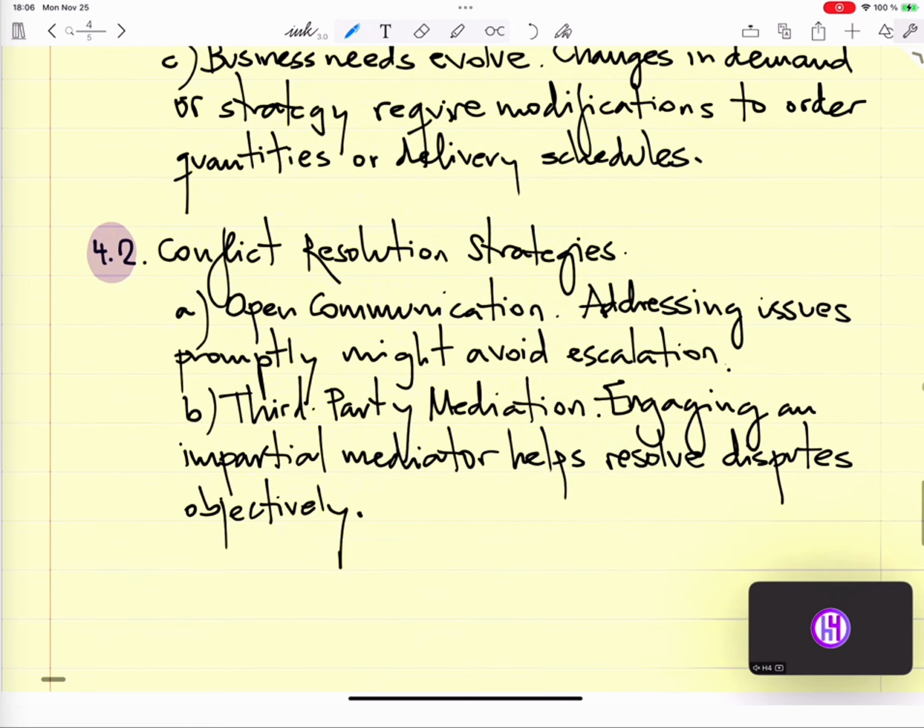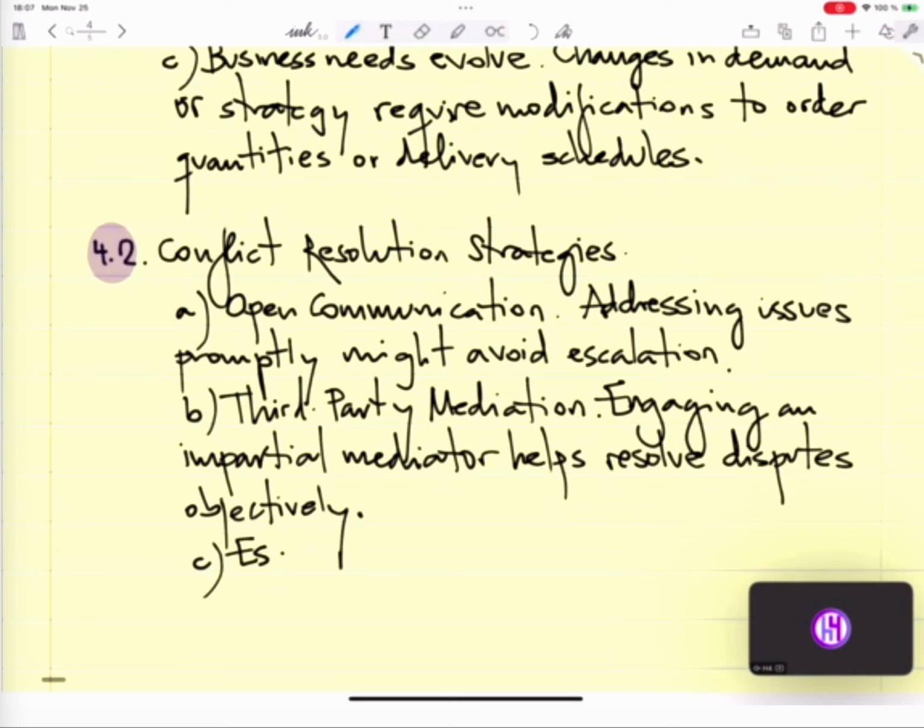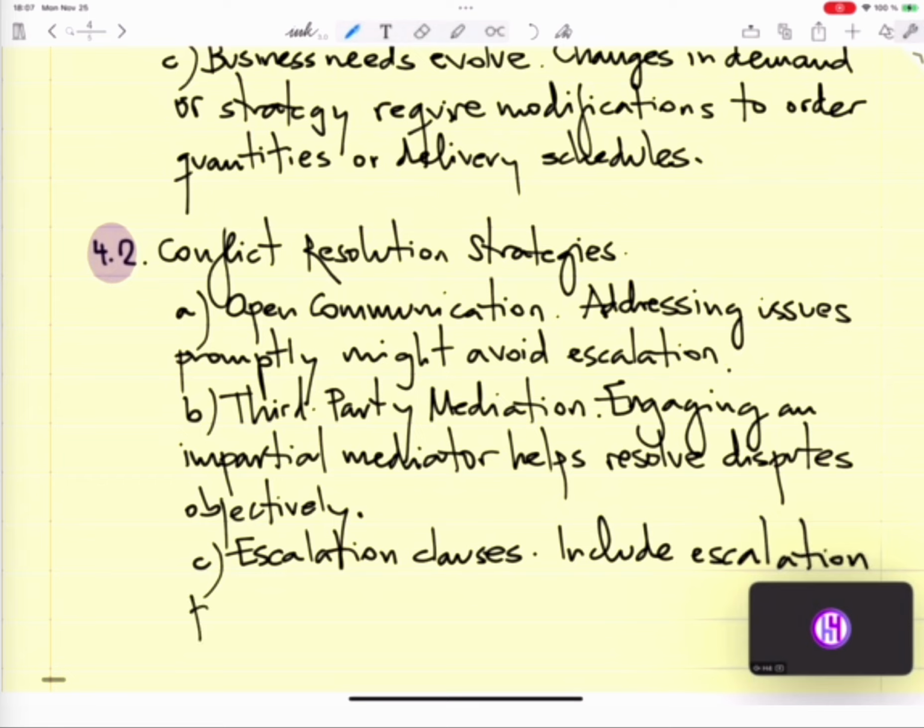And C, escalation clauses. So contracts can include escalation procedures in the contract.